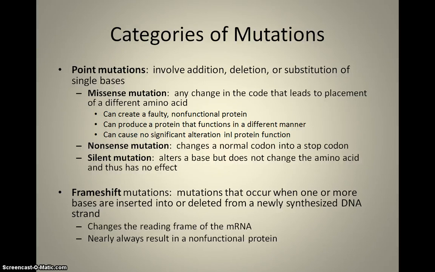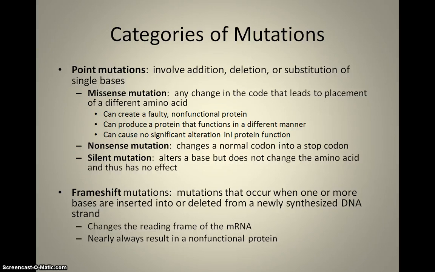So a point mutation is when we have either added, deleted, or substituted a wrong base at a single base, right? The addition and deletion are typically really bad for the organism and cause what is called a frame shift. But we can also have the substitution of a single base, which can lead to several different things. By substituting in, let's say, instead of putting a T, you put an A, this change could cause there to be a non-functional protein.